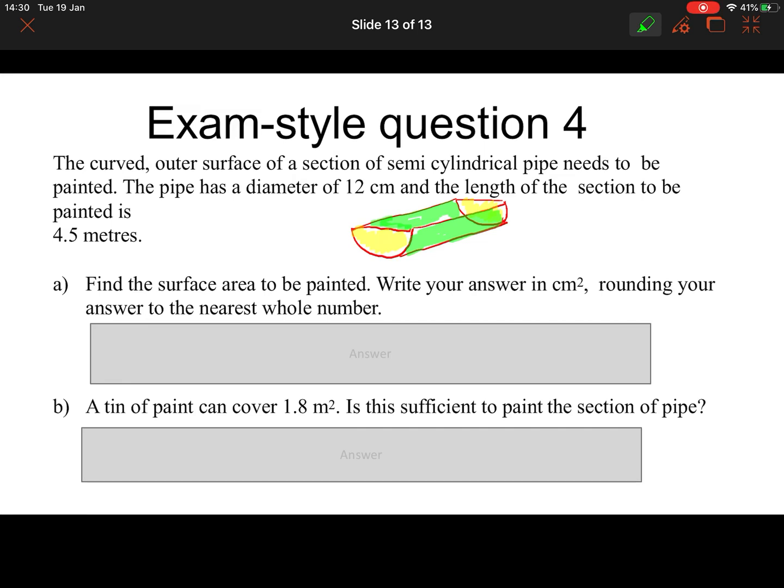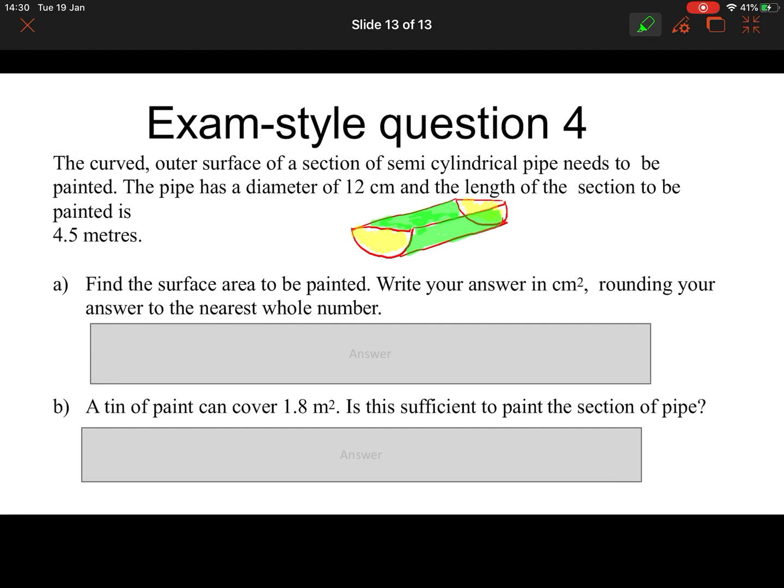That's all I have to paint. Just the green curvy surface there. So adapt the formula that we learned and see if you can use that to find the surface area that needs painting, and then be very, very careful with units of measurement. Okay, so stop the video and have a go first.